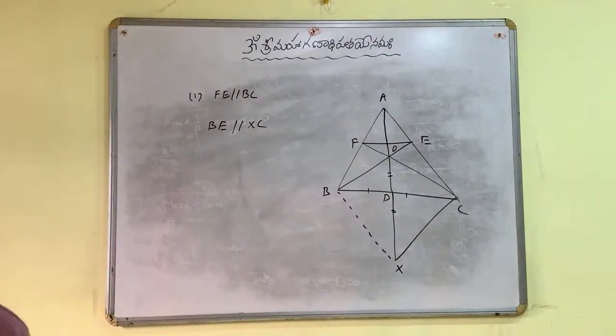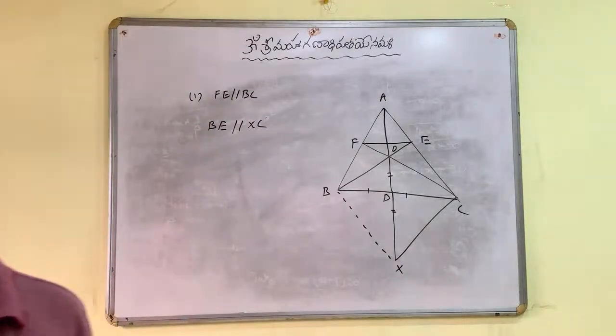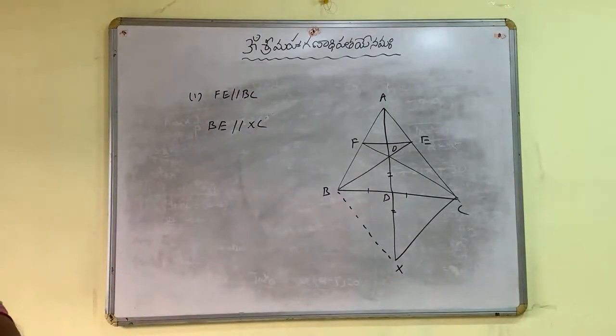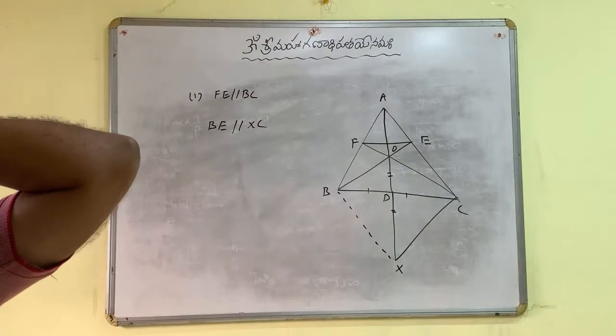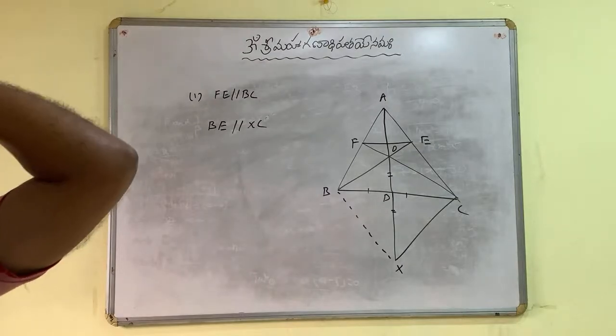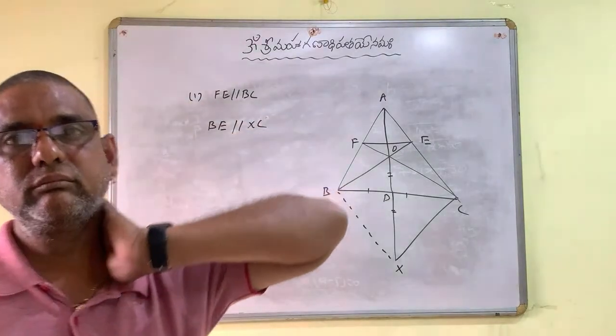Can I say like that? BE parallel to XC. Will you accept it or not? BOCX is a parallelogram, right?